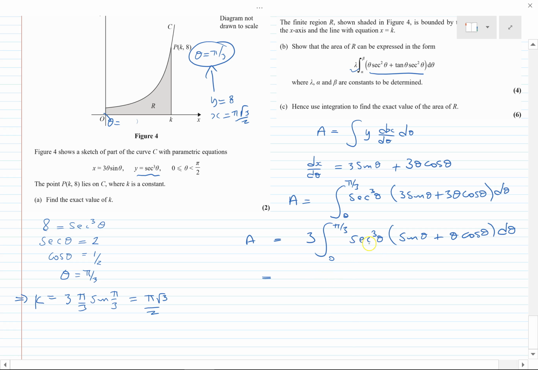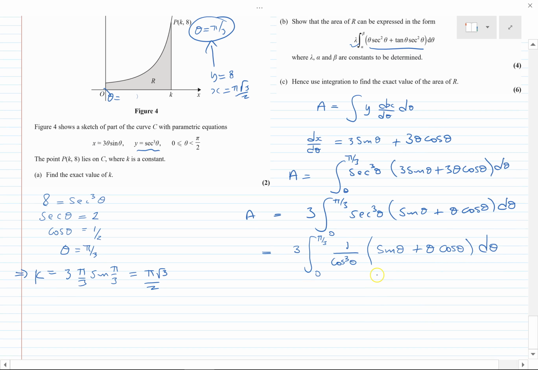It's good to revert, and if you've got mixtures of sines, cosines, secs, cosecs, cots, God knows what, you're often best off reverting to sine and cos, which is exactly what I'm going to do here. So sec cubed theta is 1 over cos cubed theta, times sine theta plus theta cos theta d theta.